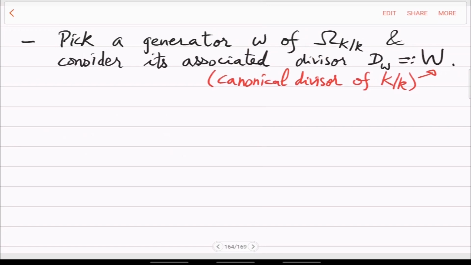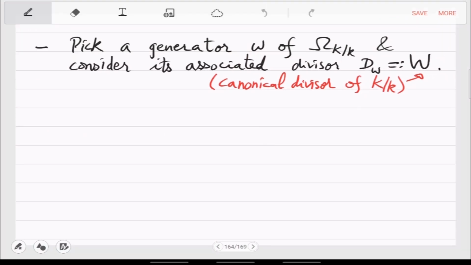So all this was towards the proof of Riemann-Roch, right? So let's now continue and finish it in this class. We'll pick this canonical differential omega, and we consider its associated divisors.